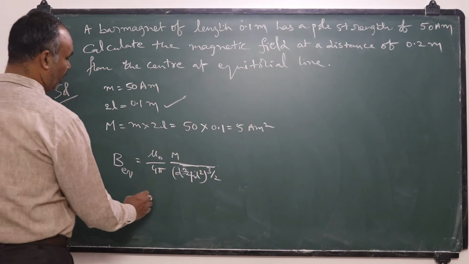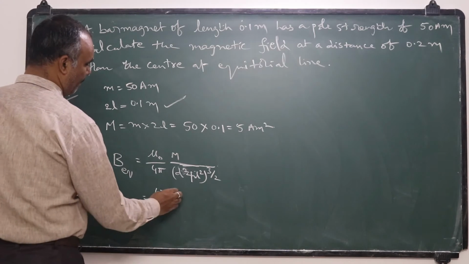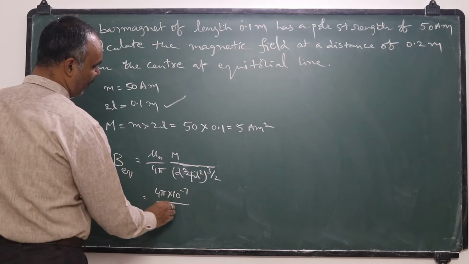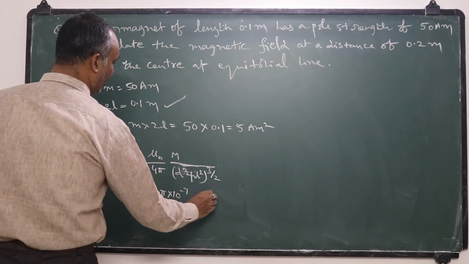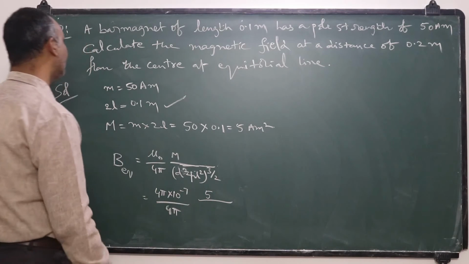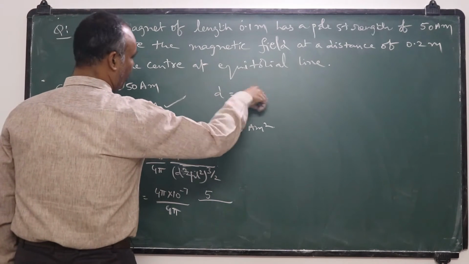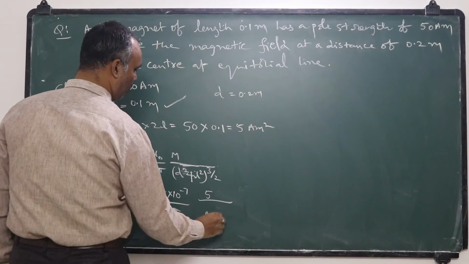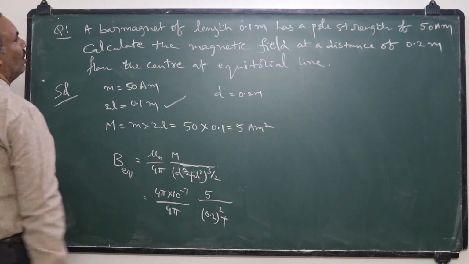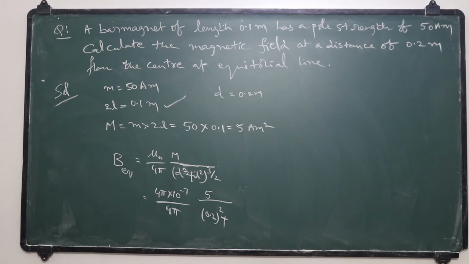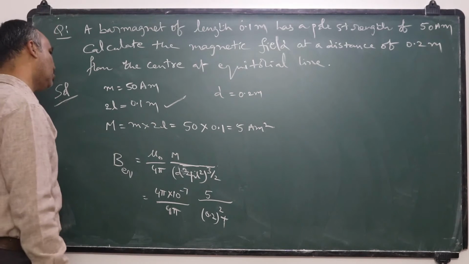Now, you know that mu naught is 4 pi into 10 power minus 7, divided by 4 pi. Magnetic moment we just calculated as 5. Distance of the point d, they gave it as 0.2 meters, so 0.2 whole square plus l square. They gave 2l as the length of the magnet, from North Pole to South Pole.